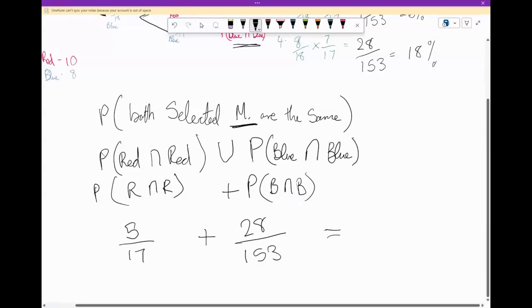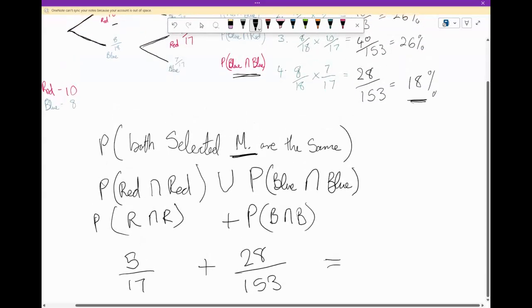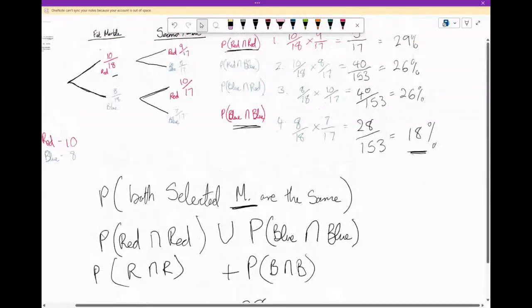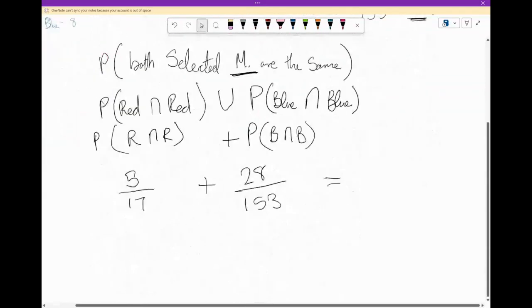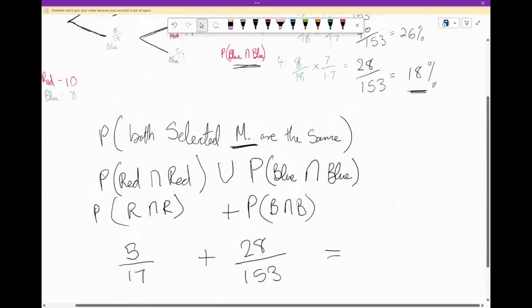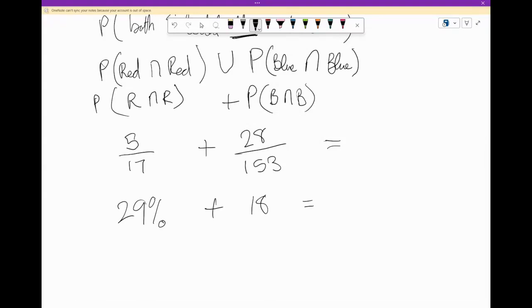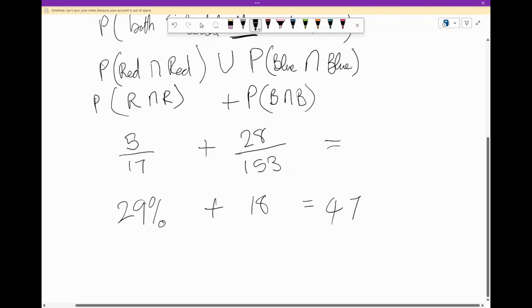Alternatively, we might have differences in terms of percentages, maybe due to rounding. But technically, we could also just use the percentages, 29% plus 18%. Here we've got a slight difference in rounding. Okay, let's quickly calculate this, then we'll try to explain.